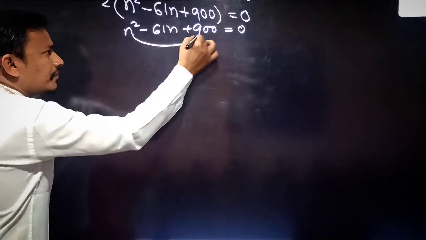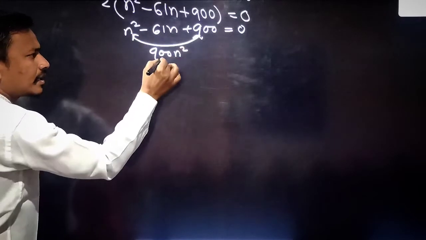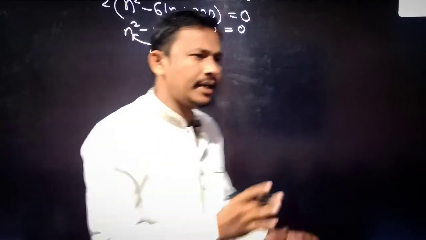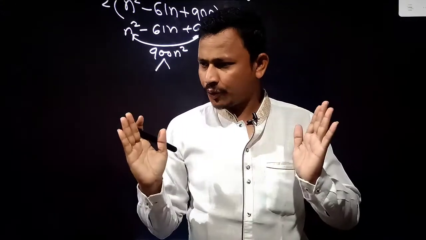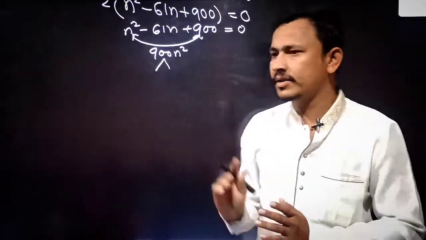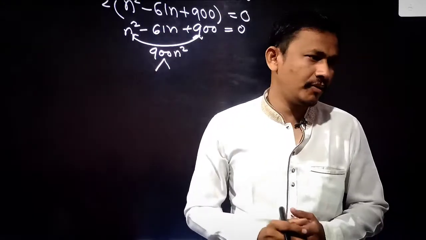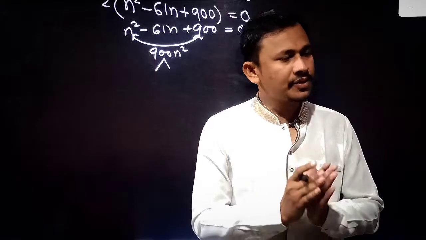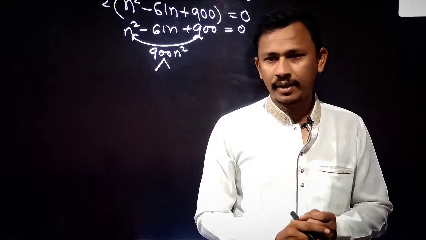We need to multiply first and the last term, 900 into n square, 900 n square. You have to split 900 into 2 parts. If you multiply those 2 parts, you must get 900. If you add or subtract, you must get 61. Add and you get 61, multiply and you get 900. Okay.